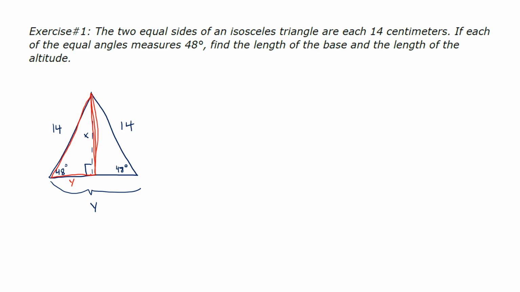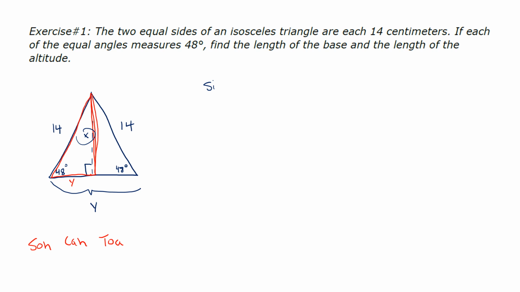Okay? All right. So to solve our problem, we know the angle, which is 48 degrees. We know the hypotenuse. So if we were to use one of our trig functions, we could use sine to help us because we're trying to find the opposite side, but we know the hypotenuse.